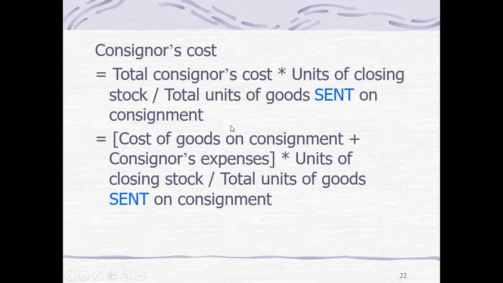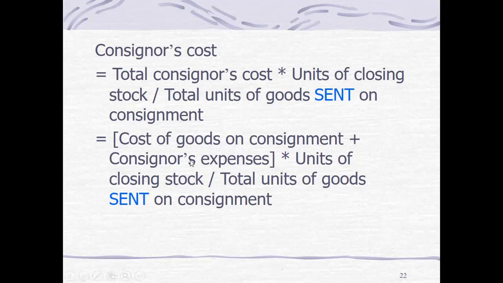For example, let's say we have 100 units of goods which are consigned, and there are 40 units remaining. So 100 minus 40 is 60 units sold. But since we're talking about the cost of the ending inventory, that will be 40 over 100, or 40%. We can use that percentage to multiply the total consignor's cost to get the consignor's cost for the ending inventory.